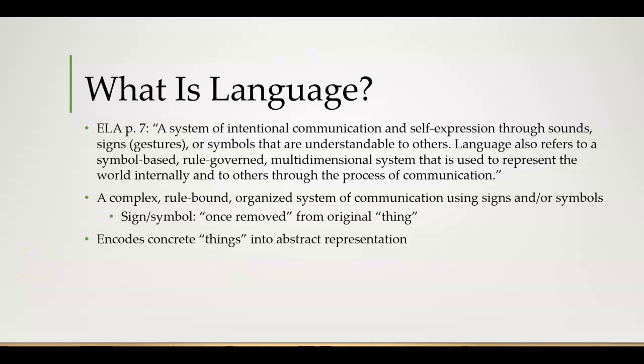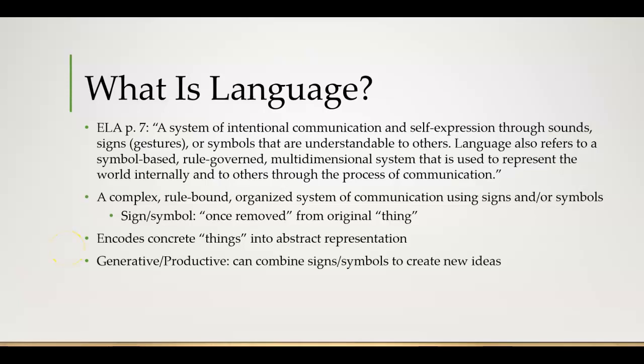So like I was saying, when you create a shape that symbolizes a cat, or you come up with a series of sounds, "cat," that represents that thing that meows and drives us crazy, you have encoded a concrete thing, an idea, into an abstract representation. One property of language is that it is what we refer to as generative or productive.